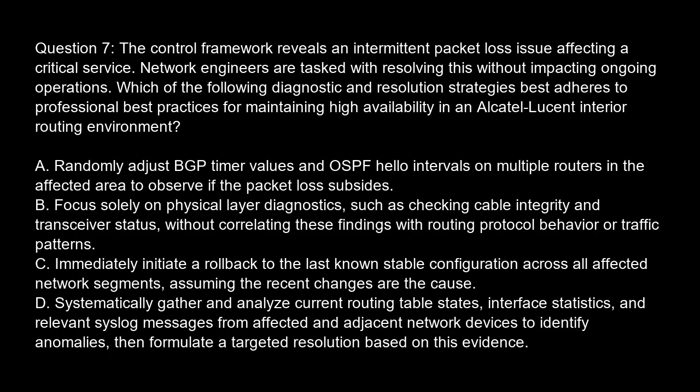Option C. Immediately initiate a rollback to the last known stable configuration across all affected network segments, assuming the recent changes are the cause. Option D. Systematically gather and analyze current routing table states, interface statistics, and relevant syslog messages from affected and adjacent network devices to identify anomalies, then formulate a targeted resolution based on this evidence.